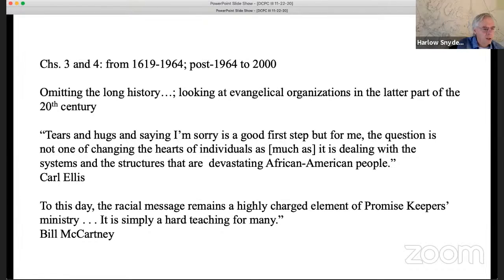Bill McCartney, who's represented on this slide here, was the head football coach of the Colorado Buffaloes at the University of Colorado.